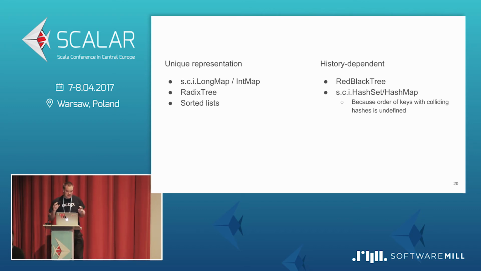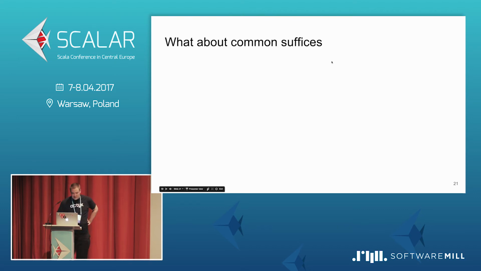When there is a hash code collision, the items are stored in a list in whatever order they came first. So if it wasn't for collisions, a hash tree like a HashMap or HashSet without hash collisions would actually have a unique representation. So, yeah, I don't want to dwell on that too much.